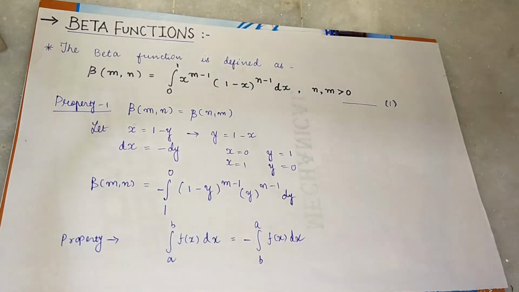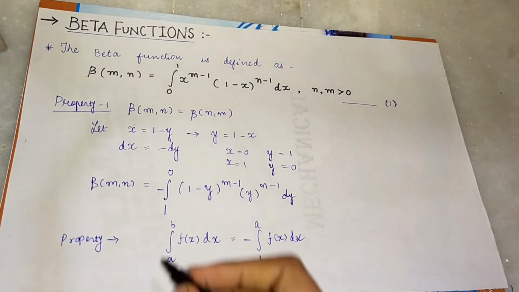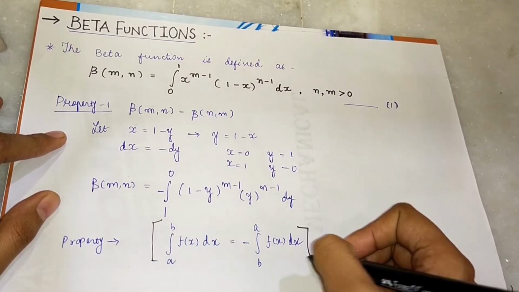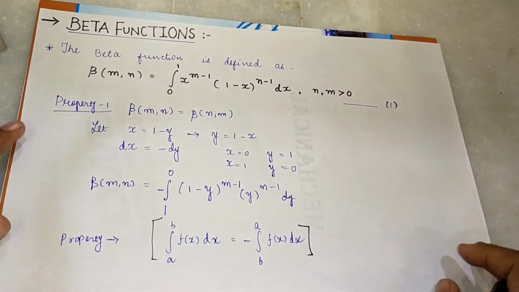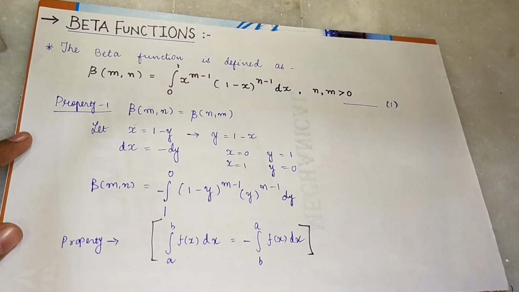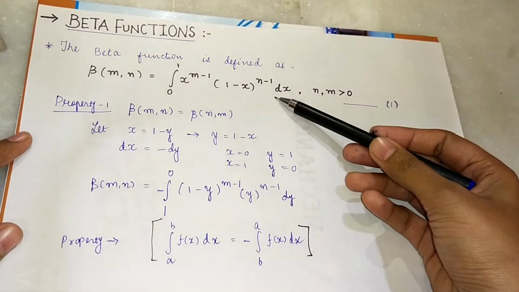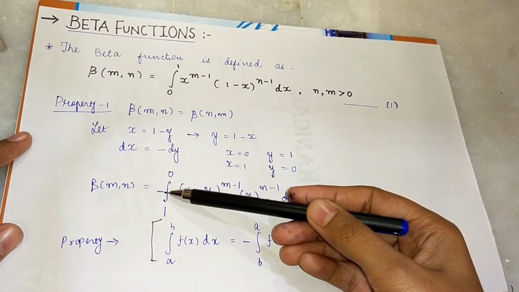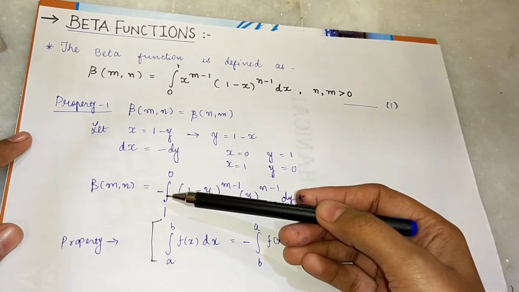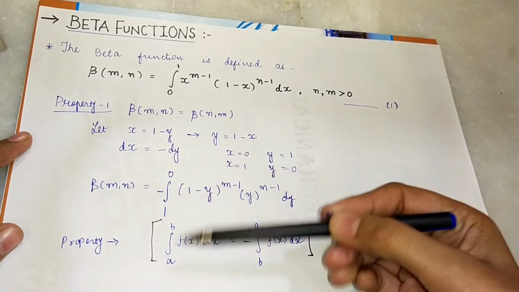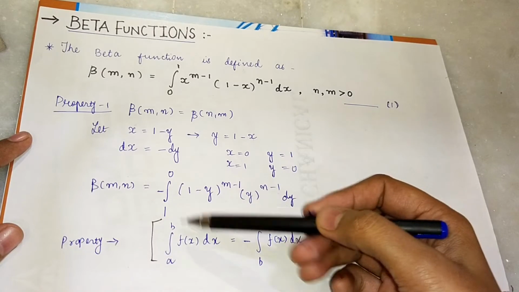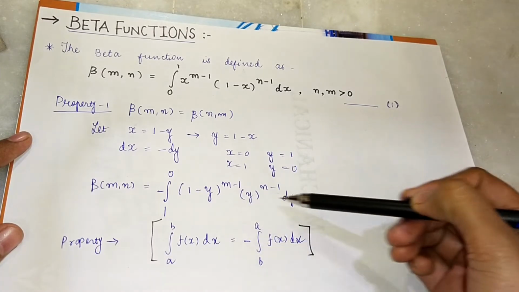This is the property. So here also, in order to get this equation, we have to take out this negative sign, and for that we will interchange the limits and remove the negative sign from this equation.